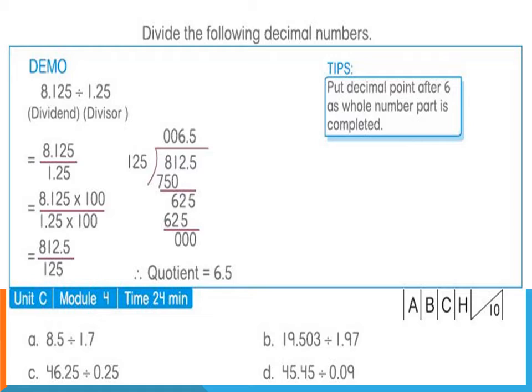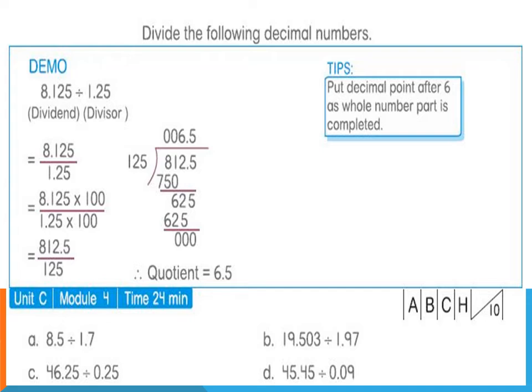For module number 4, we have to divide decimal numbers by decimal numbers. Now look at the demo. We have to divide 8.125 by 1.25. So that can be written as a fraction like this: 8.125 by 1.25.